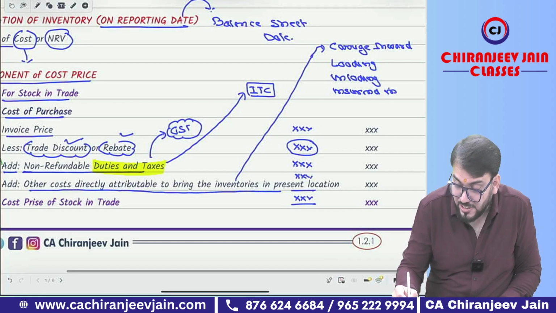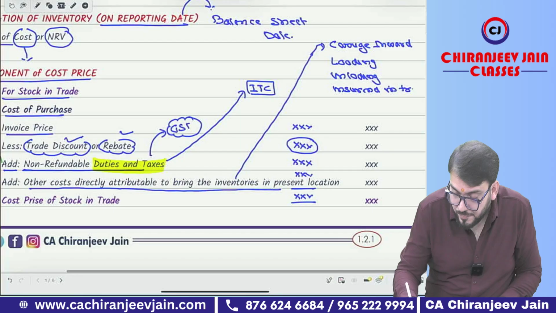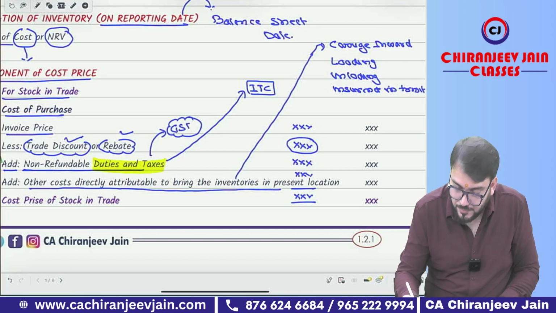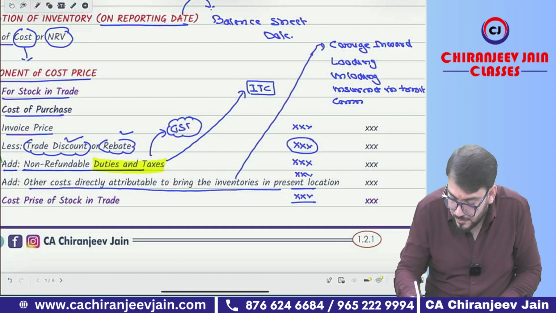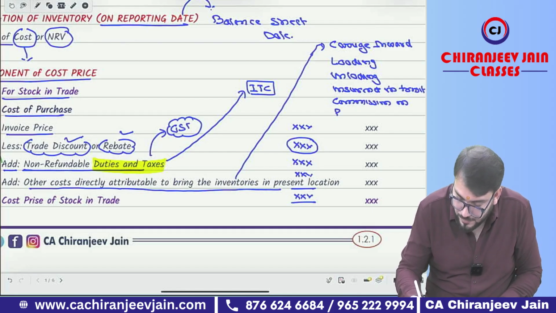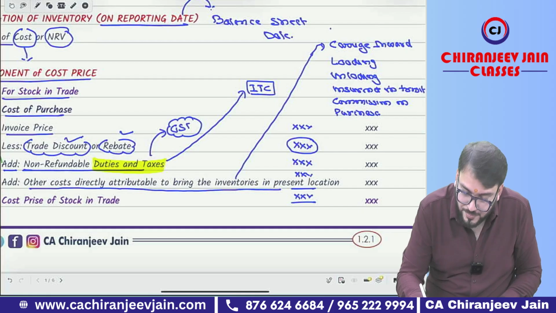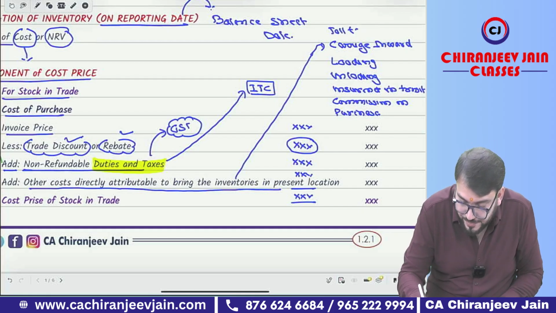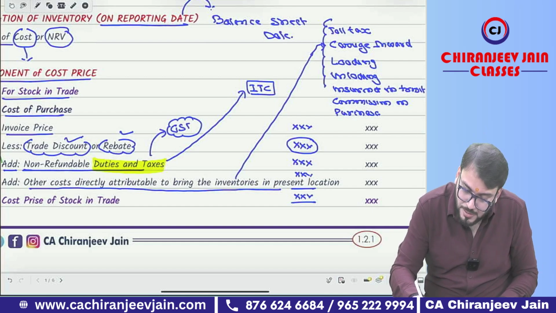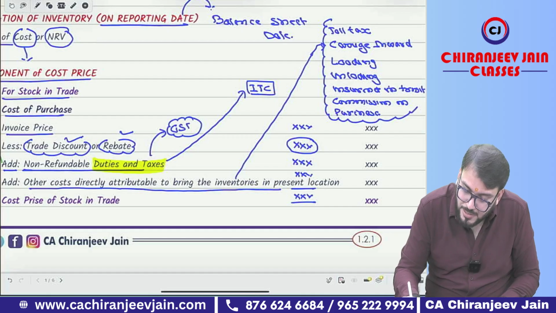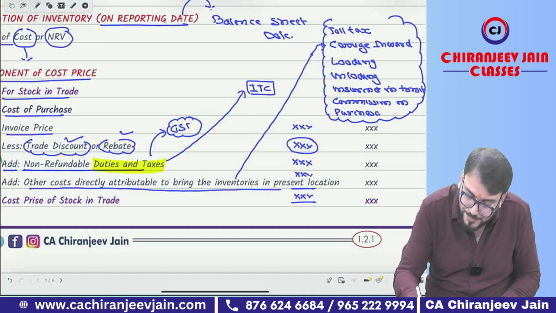I am saying insurance in transit, not of premises. Then any commission on purchase, any toll tax, whatever. So whatever you have paid to bring the inventory to your location will be added.